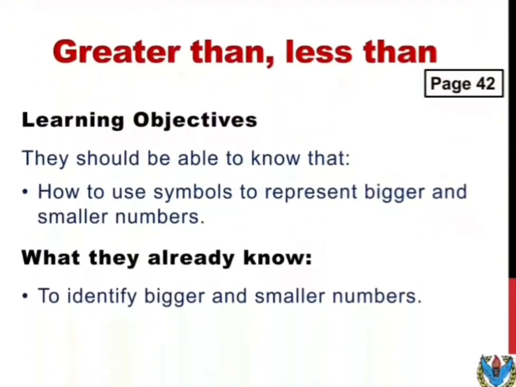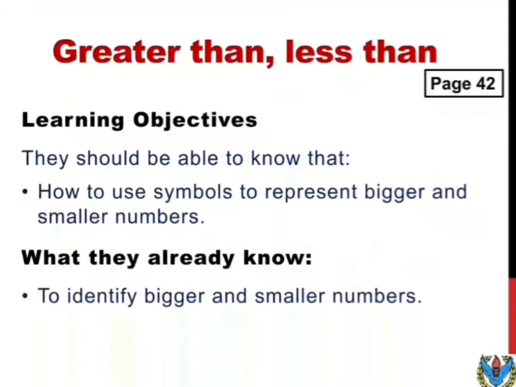The learning objectives would be: students should be able to know how to use symbols to represent bigger and smaller numbers, and what they already know is to identify between bigger and smaller numbers.